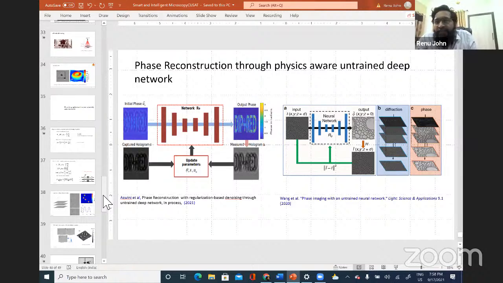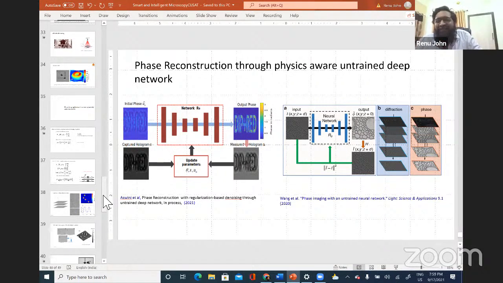The second aspect is when we use these GANs for phase reconstruction, which is still a complicated problem. We are trying all the cases, to see when we can reconstruct phase from a hologram with the help of learning. It is not that easy, because we know the physics, and we could do it better, but can a machine learning algorithm pick it up in a better way is what we are exploring.